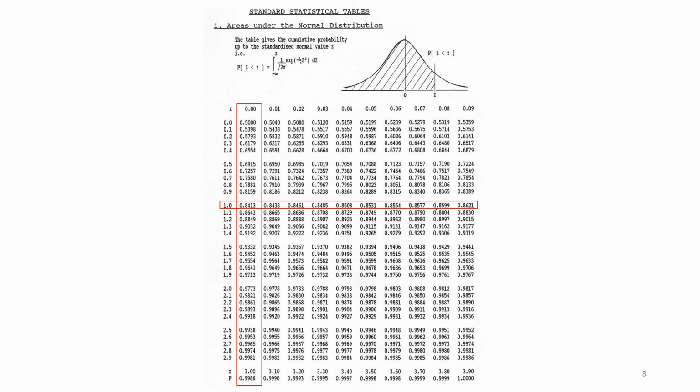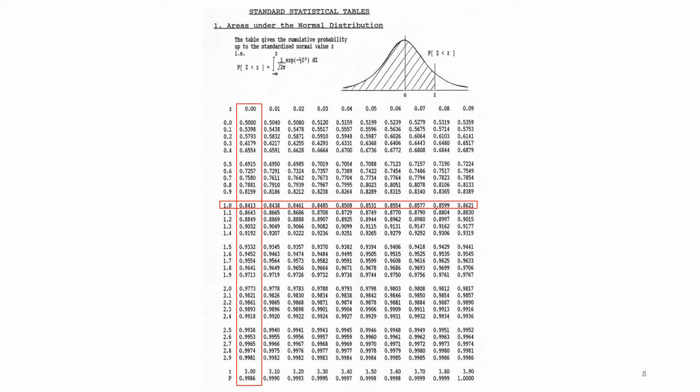You can see that in this table the z values go only up to 3.9. You can also see that the probability of z less than or equal to 3.9 is much greater than the probability of z less than or equal to 1.